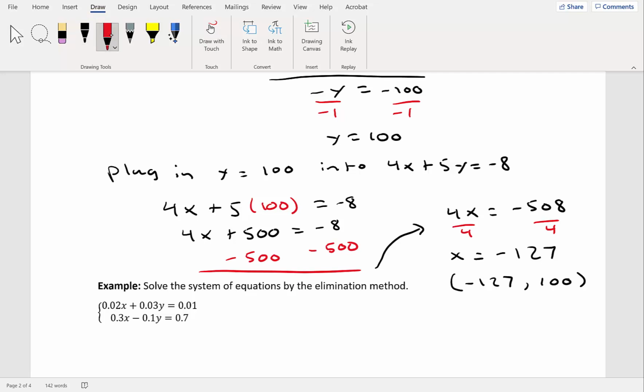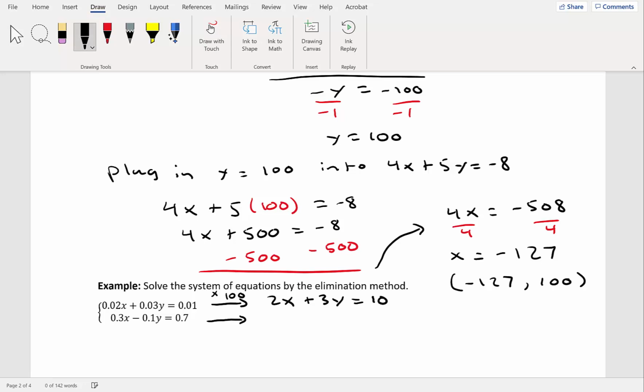And that strategy was to multiply by a power of 10. So let me go ahead and get rid of the decimals in the top equation. So since I have at most 2 decimal places, I'm going to multiply everything by 100. So multiplying everything by 100, I get 2x plus 3y is equal to 10.